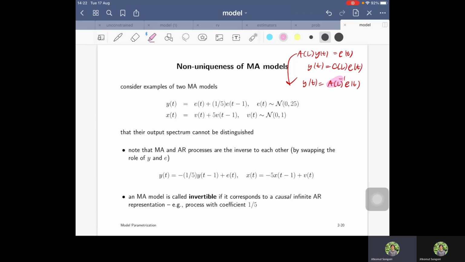And actually there's a relationship between MA and AR, which we're going to see from this example.